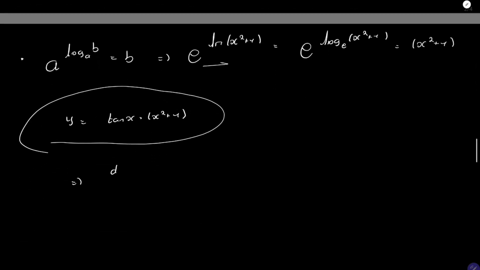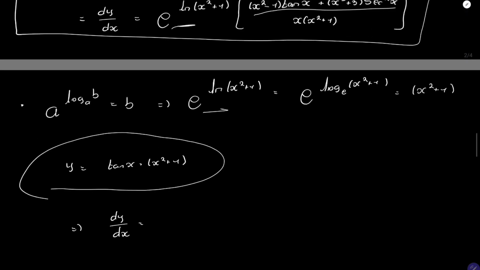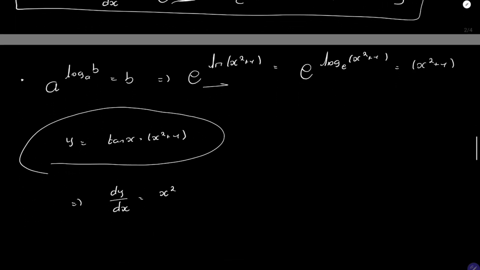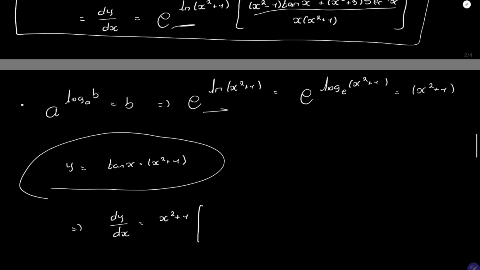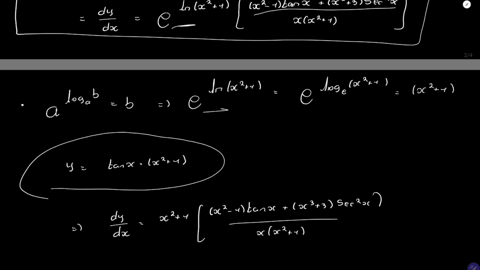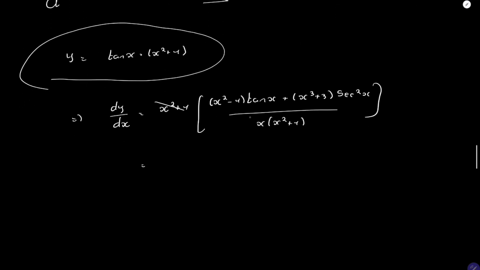We have dy on dx being equal to x squared plus 1 into x squared minus 1 tan x plus x cubed plus 3 into sec squared x, all divided by x squared plus 1, leaving us with, this cancels this, x squared minus 1 on x tan x plus x into x squared plus 1 sec squared x on x.